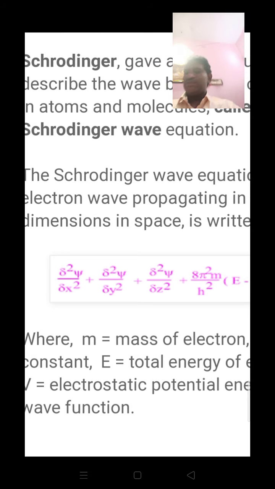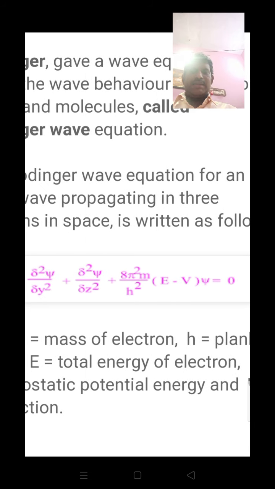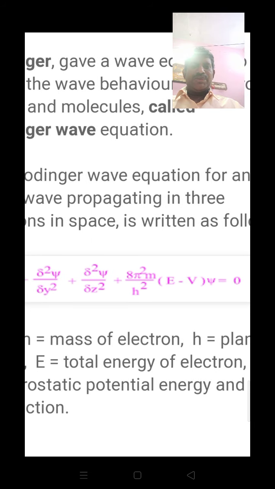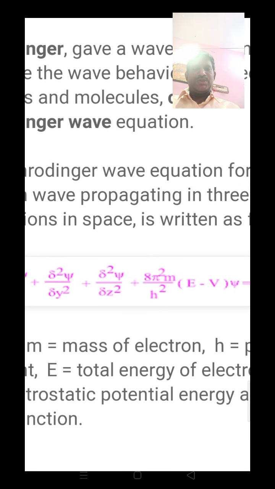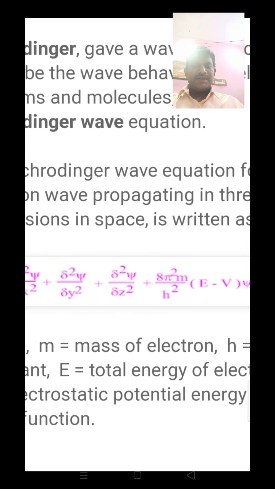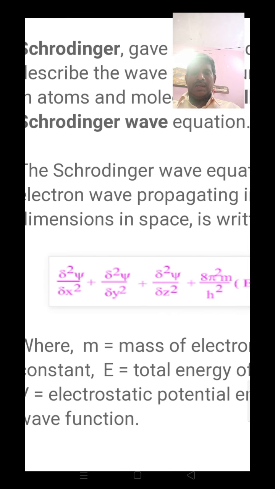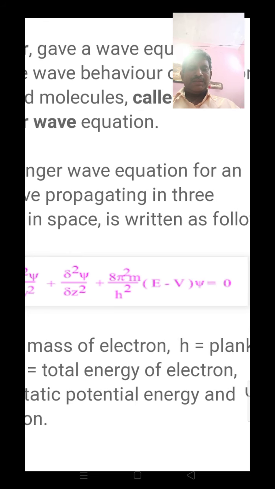In this equation, m represents the mass of the electron. h means Planck's constant, whose value is 6.626 into 10 to the power minus 34 joule second. Capital E means the total energy of the electron, and V represents the potential energy of the electron.